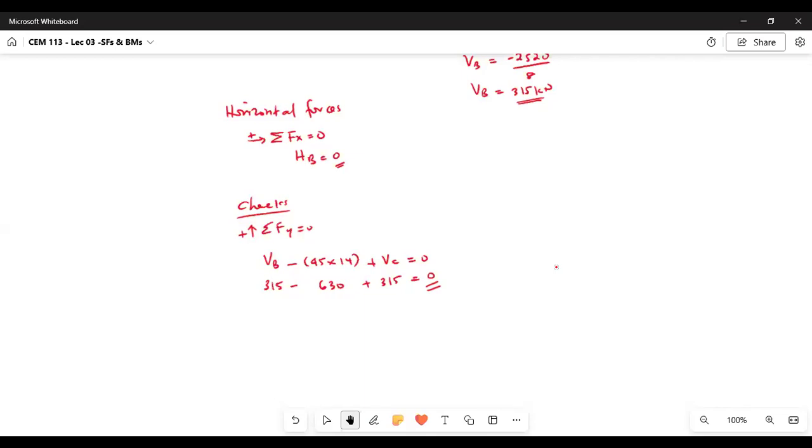So we are left with one more example, then we'll be done for the day. With all this, a lot of work I'm doing, the aim is to help you understand, to be able to solve reaction for any form of beam you come across. That is why I'm spending a lot of time doing these calculations.